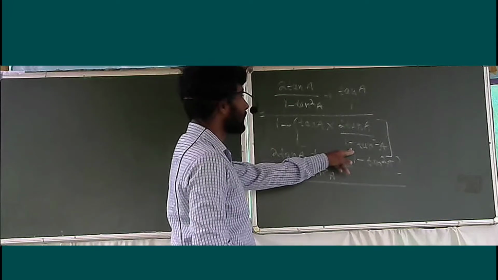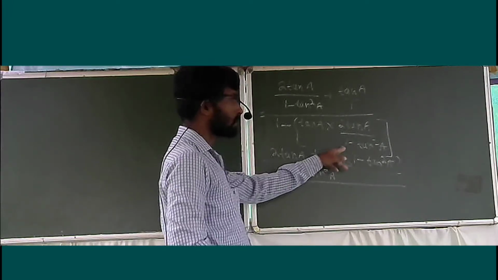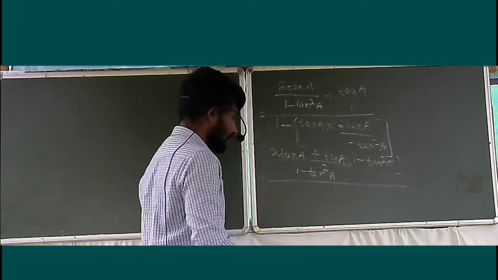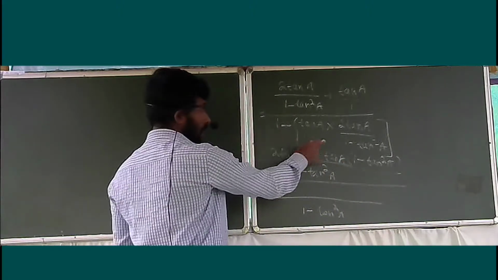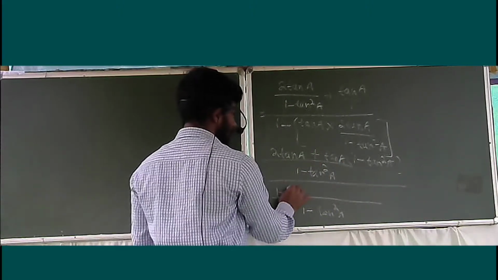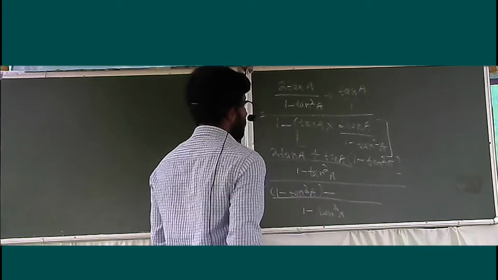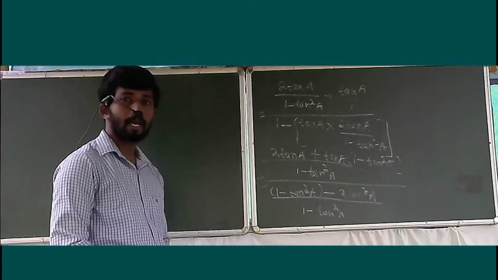What's the LCM for the denominator? Denominator also LCM is 1 minus tan square a, right? Then see here only 1 is there, right? Cross multiply, you'll get 1 minus tan square a, minus tan a into 2 tan a is 2 tan square a, right? Divided by 1 minus tan square a.